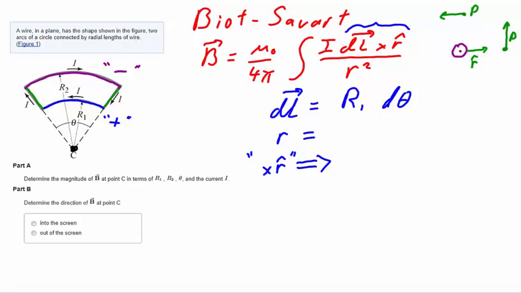The second item to be dealt with for the inner curve is the radius parameter r. This is the distance between any piece of current and the place where we're doing the calculation. And because the place where we're doing this calculation is the point C, that radius is simply r1 itself.